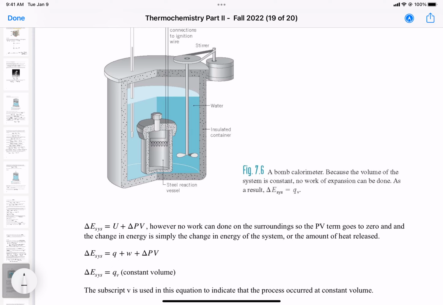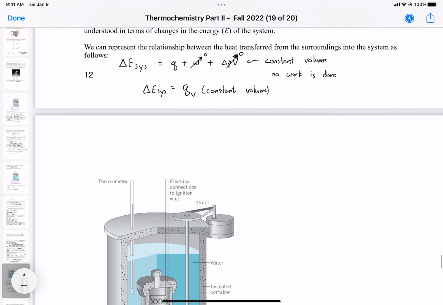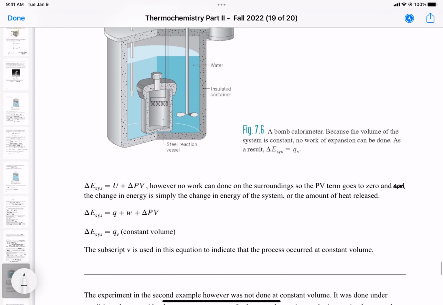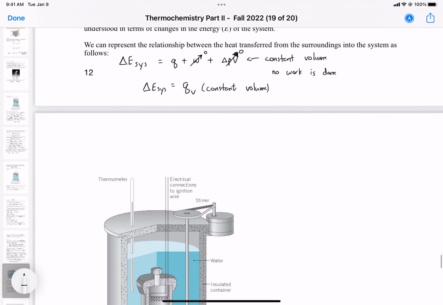But if you look here, no work can be done on the surroundings, so the PV term goes to 0. And this is a typo, sorry about that. And a change in energy is pretty much the change in the energy of the system, or the amount of heat released. So we denote it as Q V right there. Okay, so I kind of explained it and then reiterated it like that.